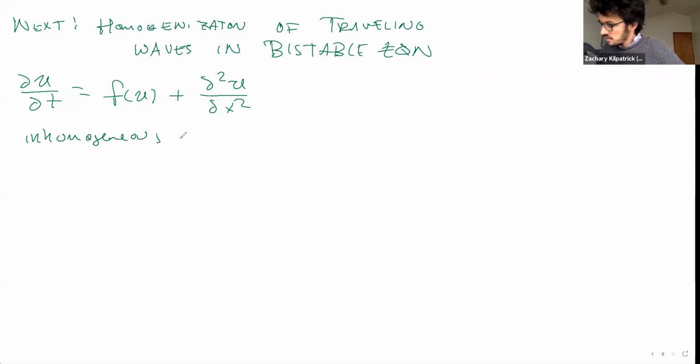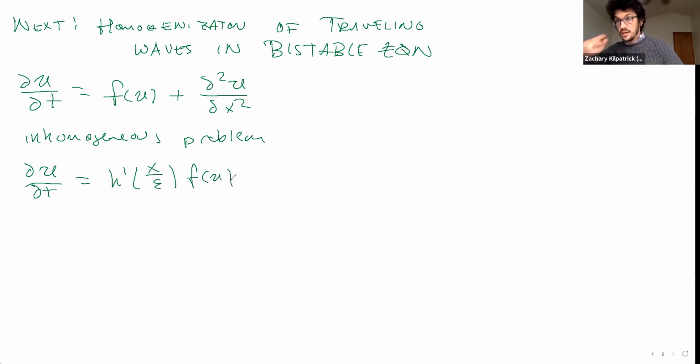Now what's going to happen for homogenization is that an inhomogeneous problem that we might consider would be an inhomogeneity in the diffusion coefficient. We're going to put an inhomogeneity, let's say, in the nonlinearity.